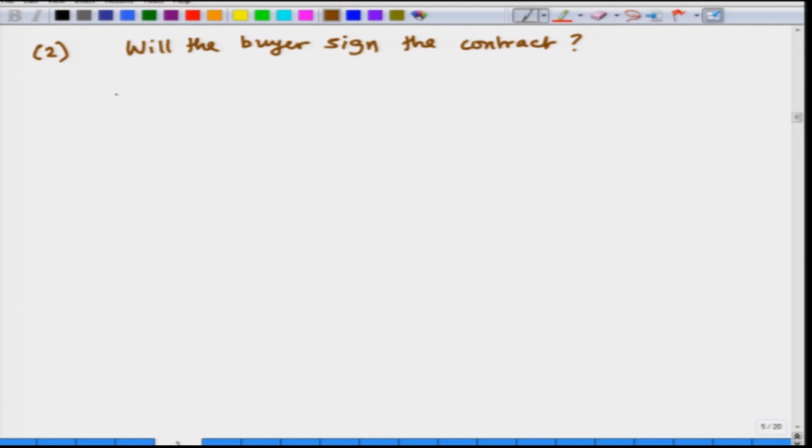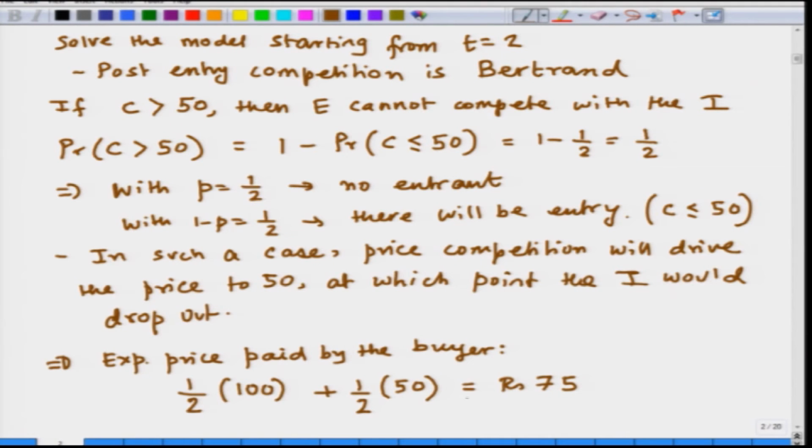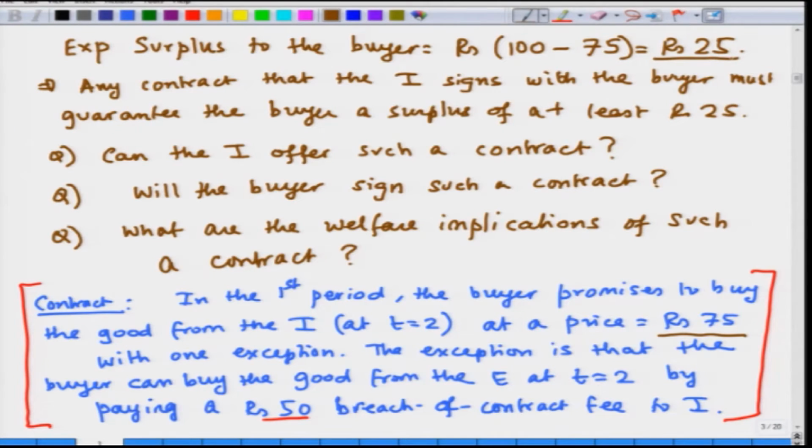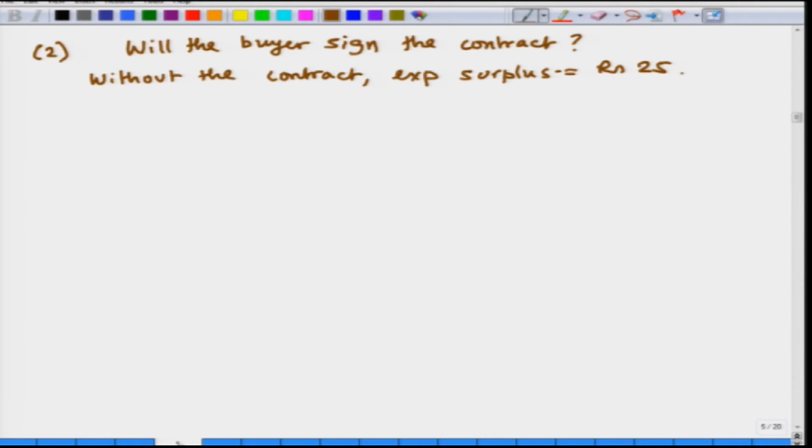So, without the contract, the expected price paid by the buyer is 75, and the expected surplus is 25. We computed that earlier.